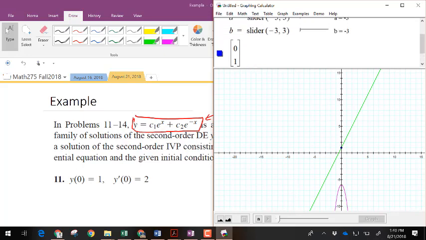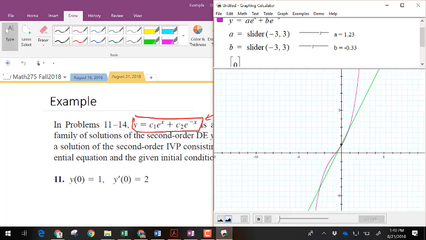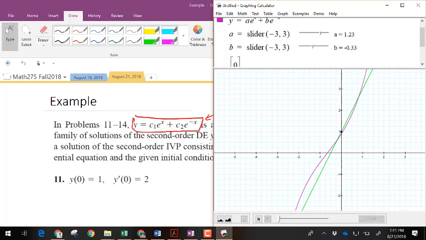So somehow I want to find values for C1 and C2, so not only does it pass through that point, but it also has the same slope. Does that look like it has the same slope? It's a little bit off.